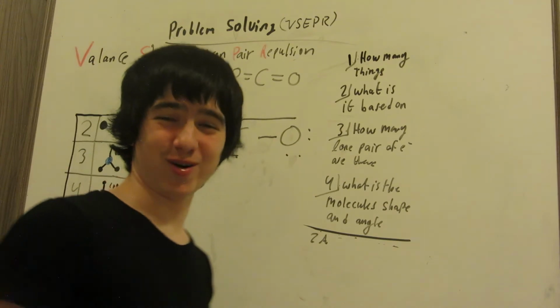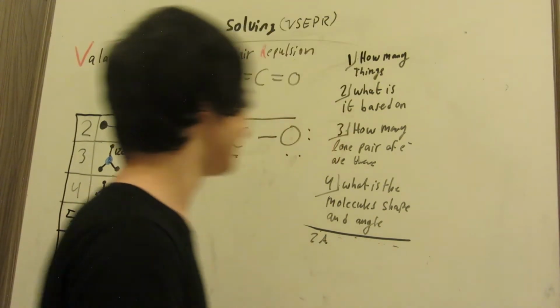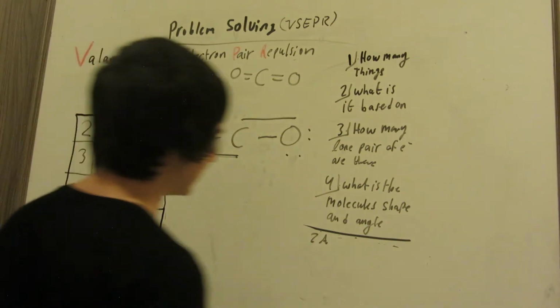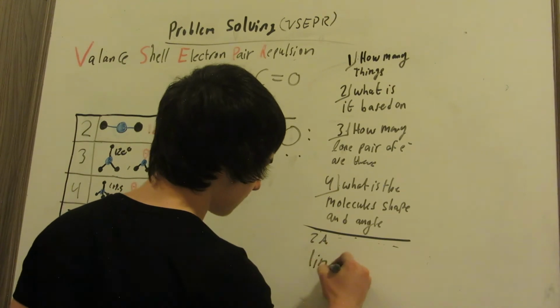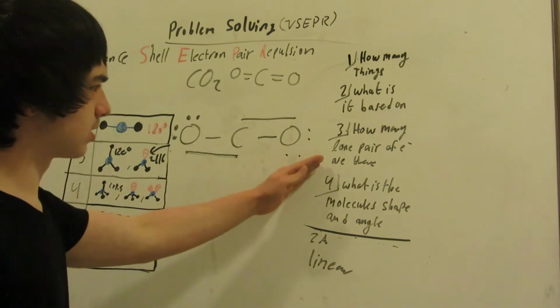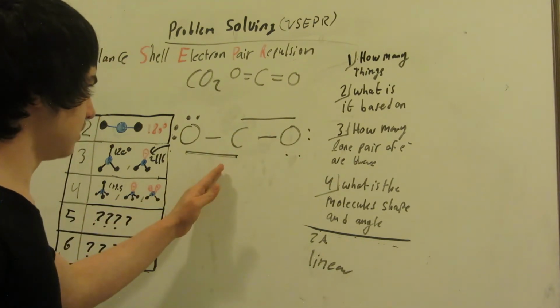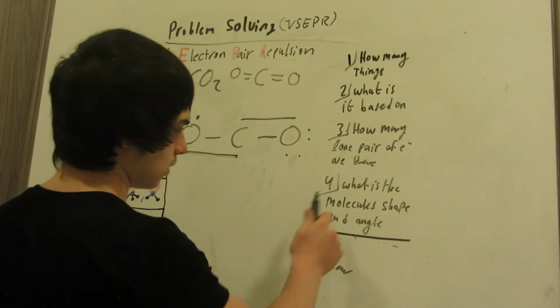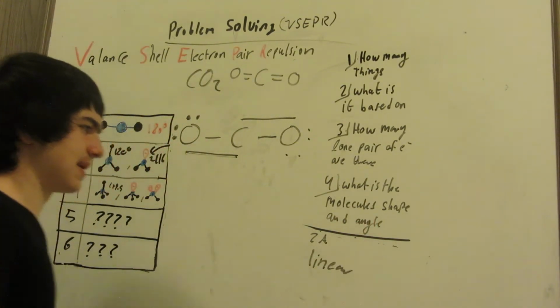Luckily, it's only 1 member, and it's going to be really easy to solve. Simply, we can just say it's going to be based on a linear shape. Now, how many lone pairs of electrons are there? Are there any? No, there are none. So we have 0.